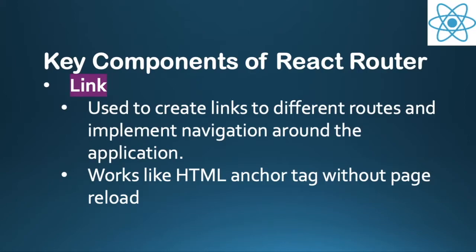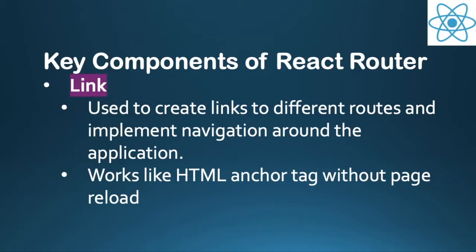The next important component is Link. When we click on a link, it will go to a URL, so the mapping is used with a link. So what is a link? A link is used to create links to different routes and implement navigation around the application.